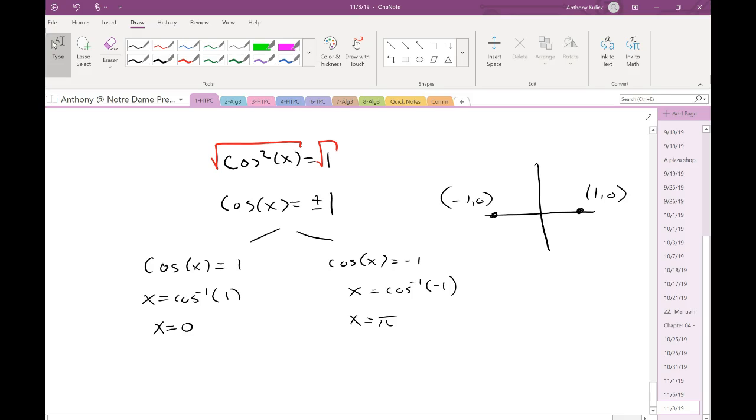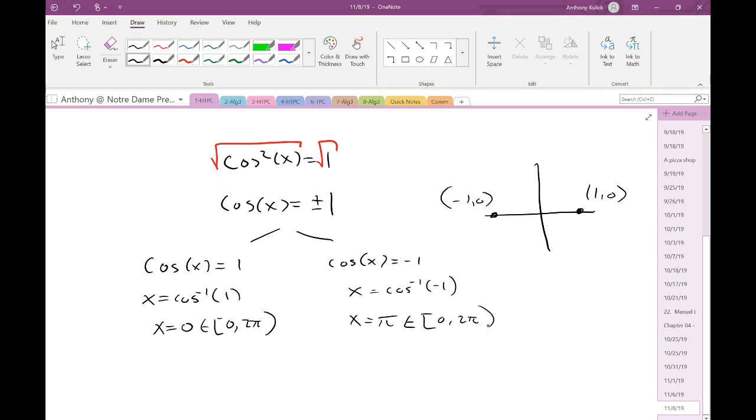Okay. So I notice here that 0 is in the desired interval, and pi is also in the desired interval. So those are both solutions. I now also need to check if there's any others than these. If I find an answer that's coterminal to 0, I would get that by adding or subtracting 2 pi, correct?